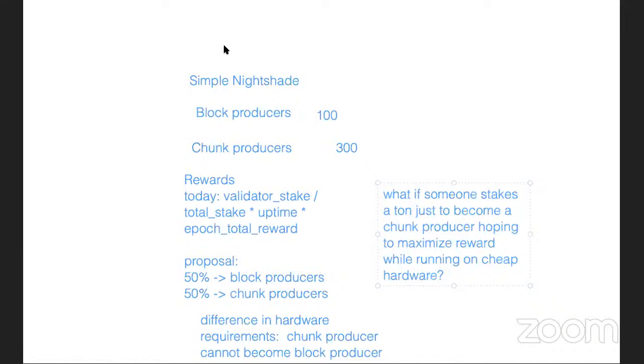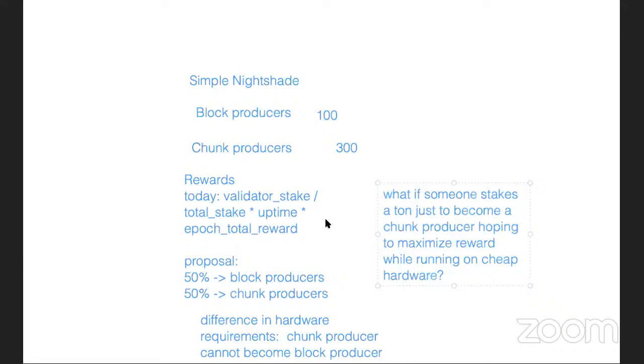Then we realized there's this possible attack, and that's why we want a different pool. So I'll describe some of my ideas on how to approach this problem. The problem is that if someone stakes a ton and becomes a chunk producer, they get more reward on cheap hardware. It's not an unsolvable problem.